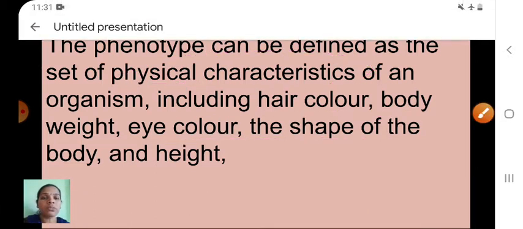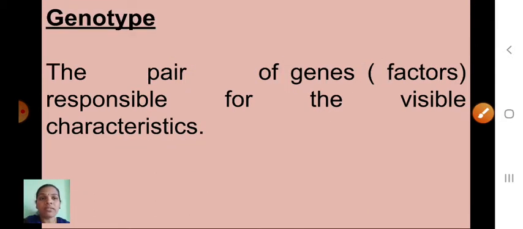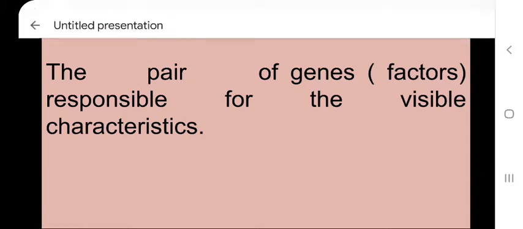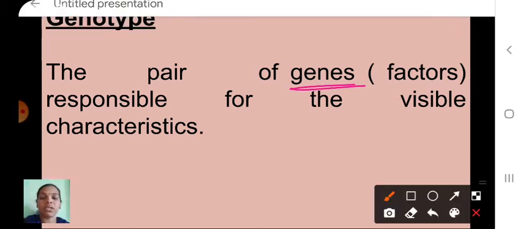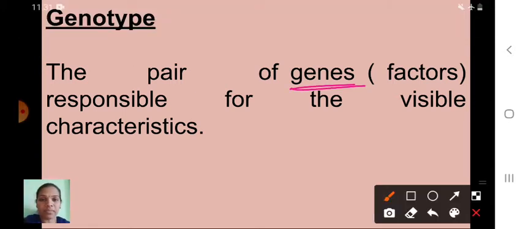Genotype. Genotype means the pair of genes. You know very well where genes are present. Yes, they are present in the DNA. DNA is present in the nucleus, and the nucleus is present in the cell. So the pair of genes, that means factors, are responsible for the visible characteristics.